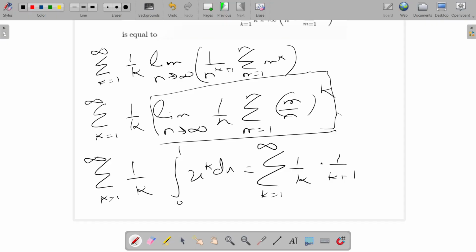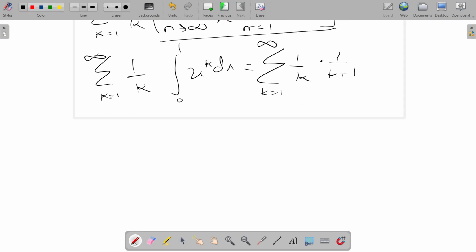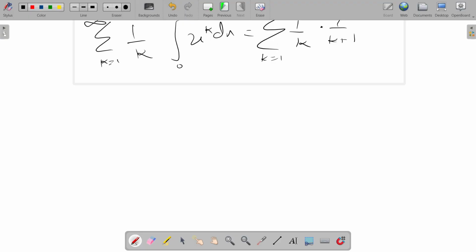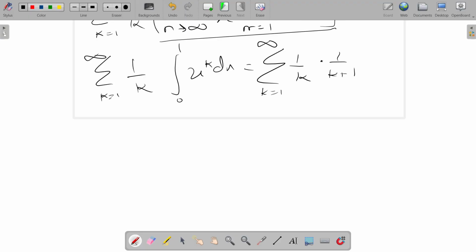And now this is a pretty famous series, a telescoping series. This thing will be the summation of k plus 1 minus k by k into k plus 1, from 1 to infinity.